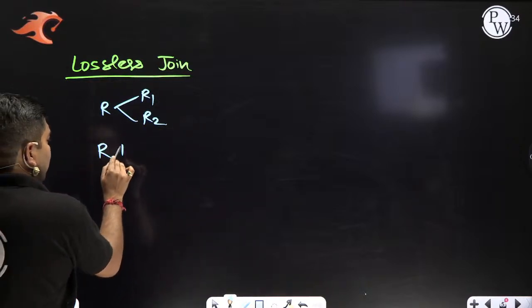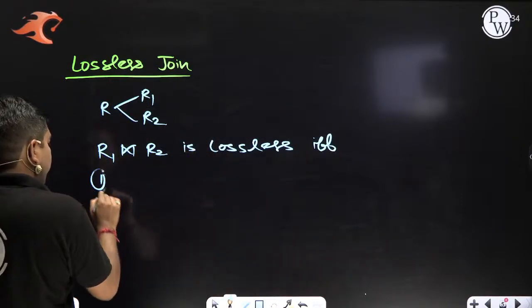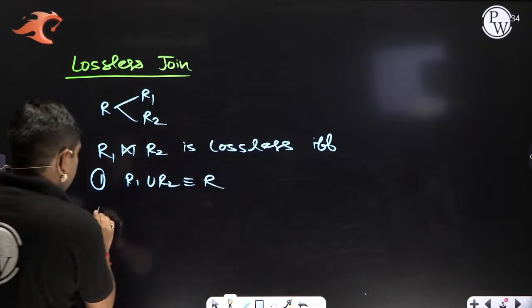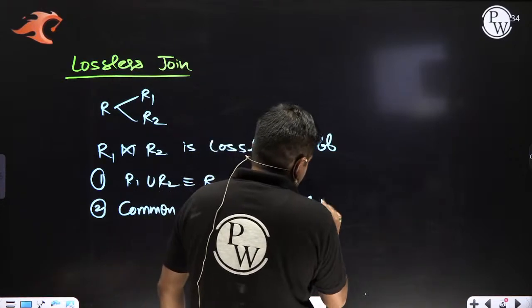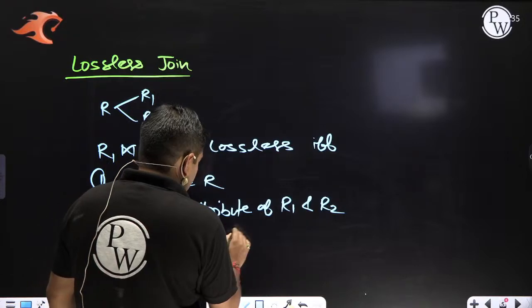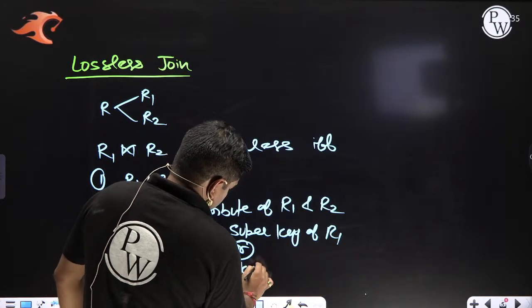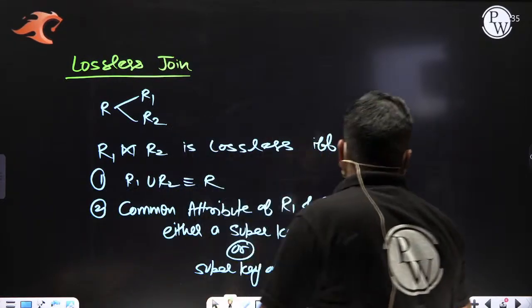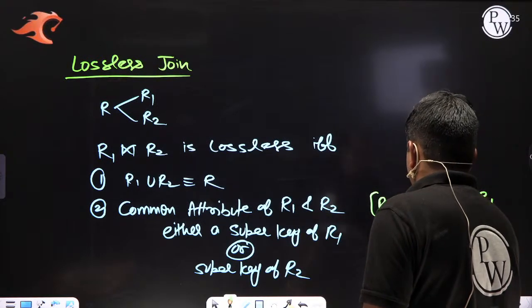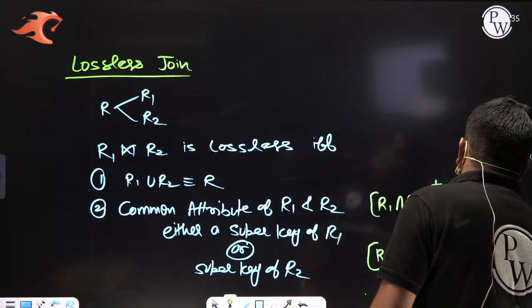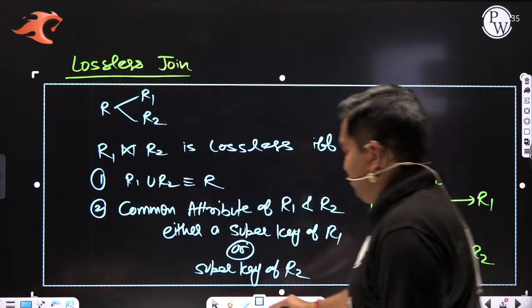Then R1 join R2 is lossless if and only if, first point, R1 union R2 gives exactly R. Second, the common attribute of R1 and R2 is either a super key of R1 or a super key of R2. This is the meaning of lossless join.